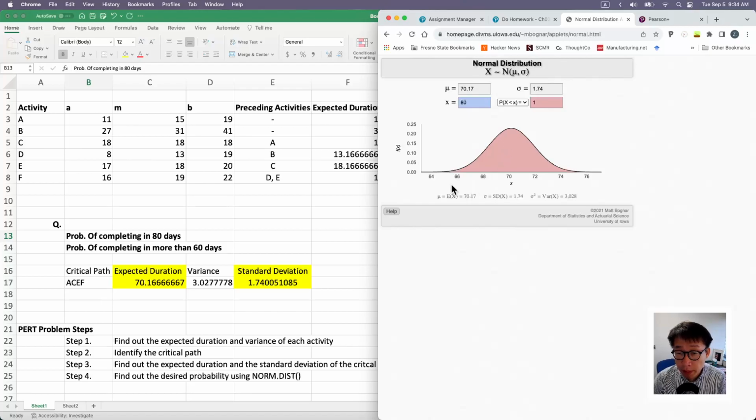That basically means 100%. The reason why we're seeing this is because the standard deviation is fairly small when compared to the average. Therefore, it's not a very turbulent or volatile project to complete.